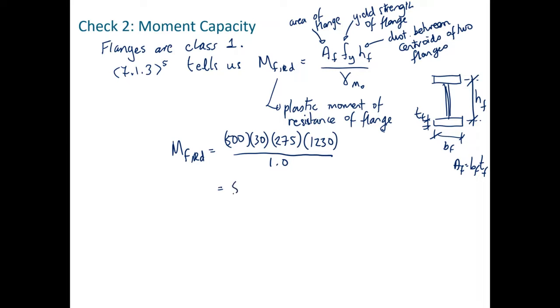So that is equal to 5,074,046 newton millimeters, which equals 5074 kilonewton meters. Okay, and then what was the demand? The demand on the section was 5250.